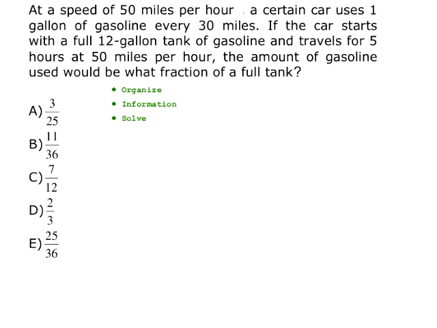So let's just look at what we have. Notice this first statement is a statement about how much gasoline the car uses. It's at a particular speed, but notice this is not anything about the speed per se.